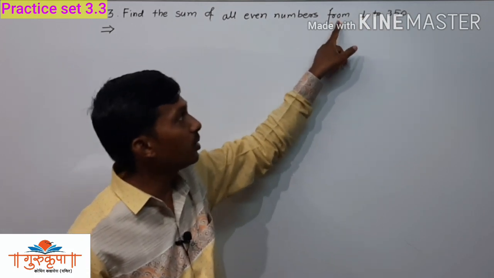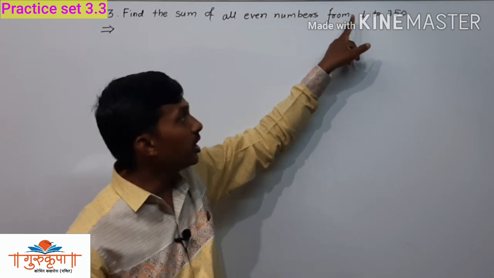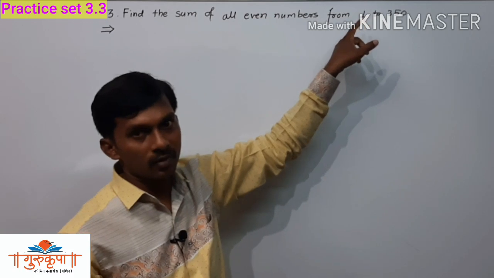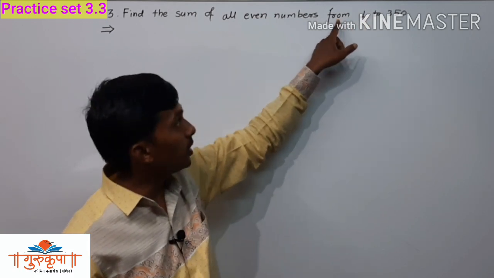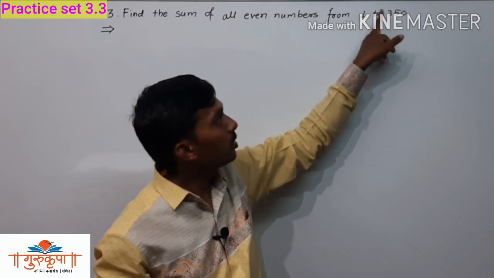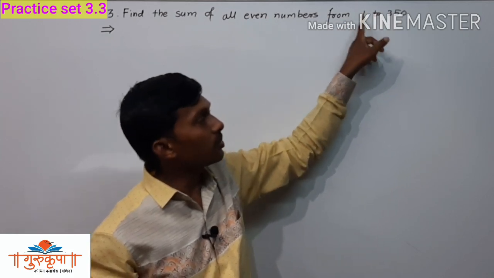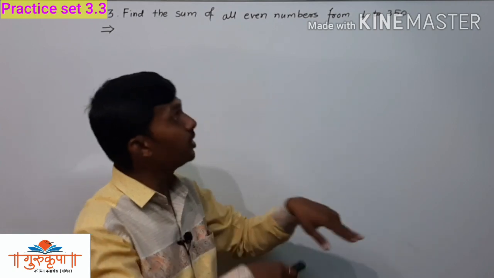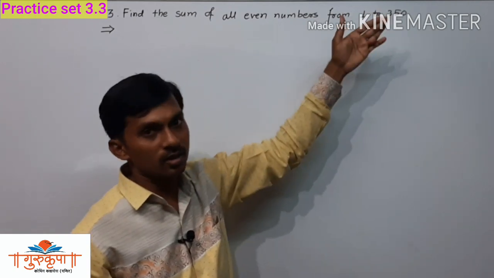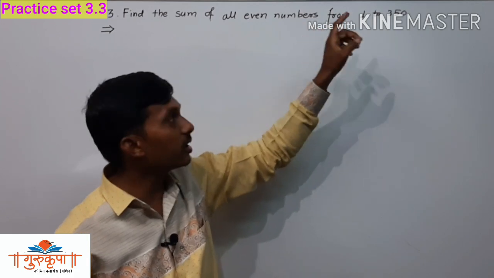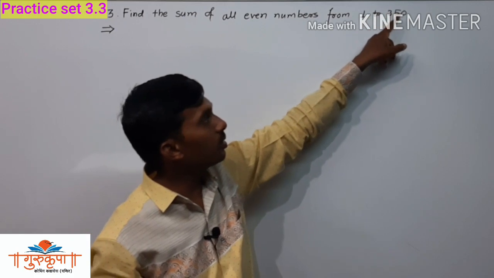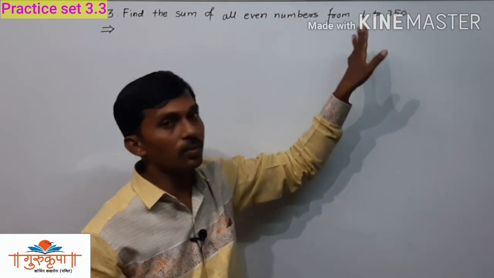And if the word between is given here, then we have to skip these two numbers and take the numbers between 1 and 350. We cannot calculate 1 and 350 if the word between is given, but here we have been given from. So we have to take both these numbers in counting.